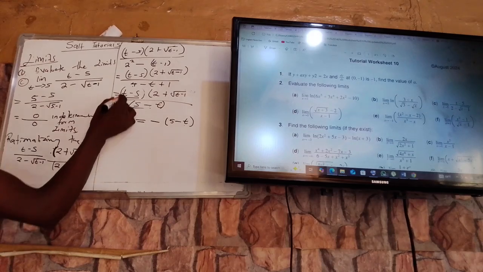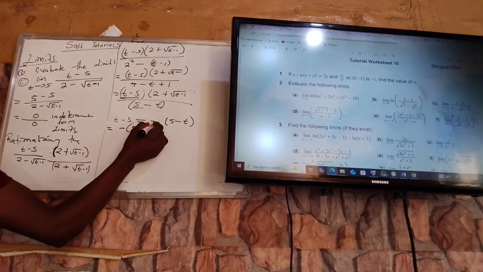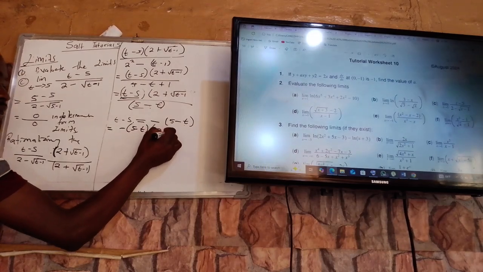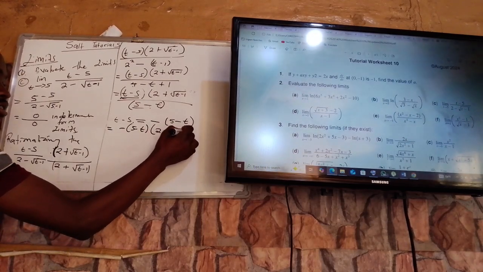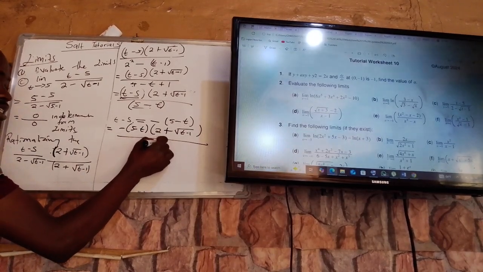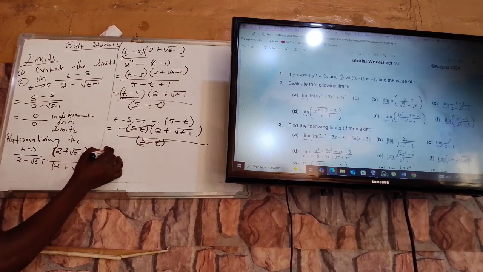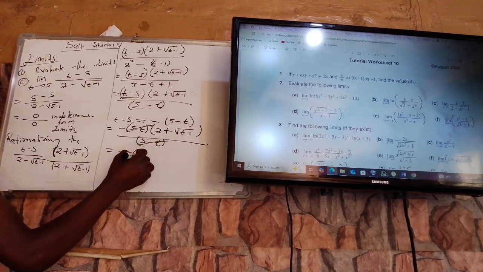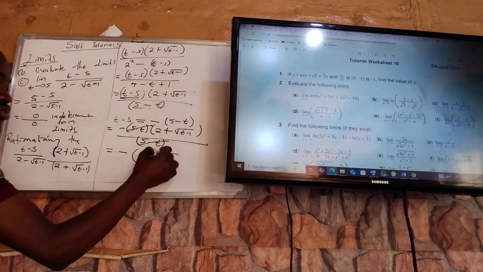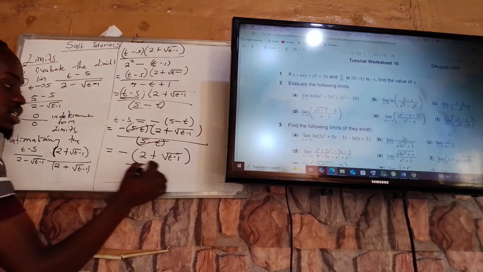So when we replace it there, I'm going to have negative of 5 minus t times 2 plus root of t minus 1 over 5 minus t. So this guy and this guy can go, and I'll remain with the negative of 2 plus root of t minus 1 as my function.